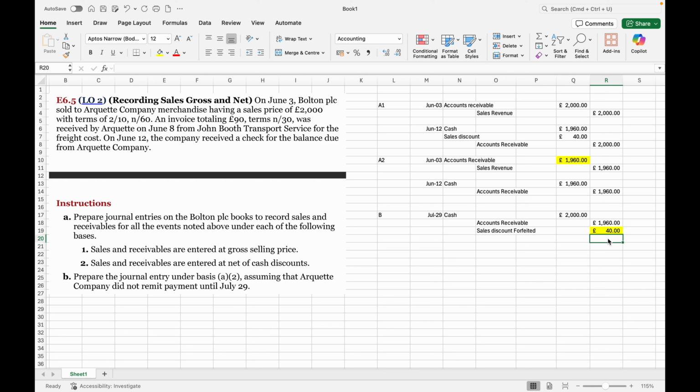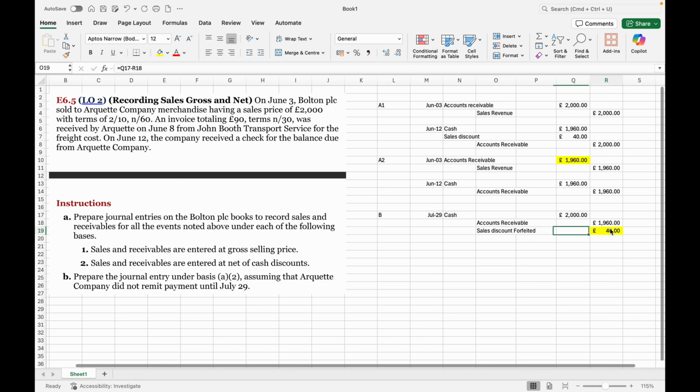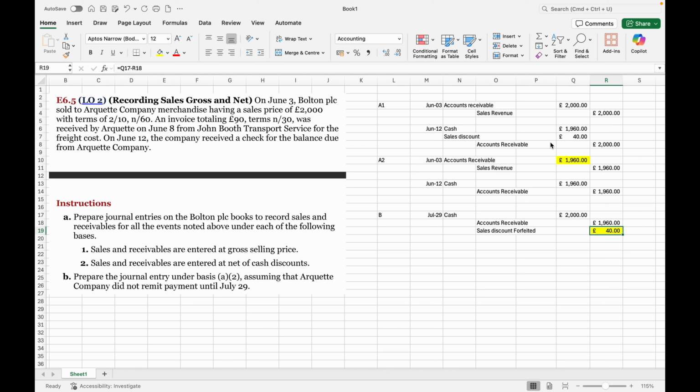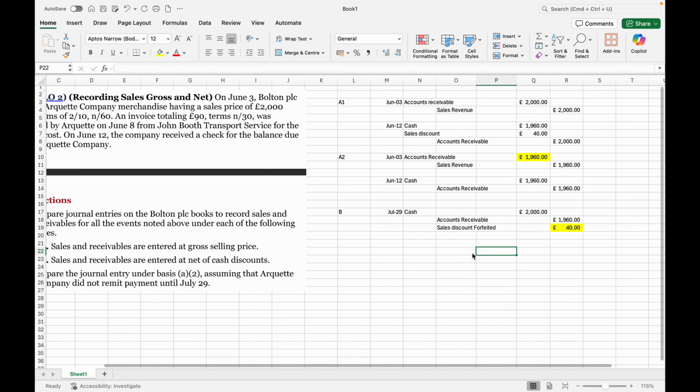However, it was only depending on our client's ability to pay off the amount due within the appropriate terms. And since we initially thought that they would be able to do that, we will call it sales discount forfeited, not revenue, because technically it's not revenue. And that is why under the net of cash discounts method, the 40 pounds that were on the gross selling price considered to be a discount, now we will call sales discount forfeited.